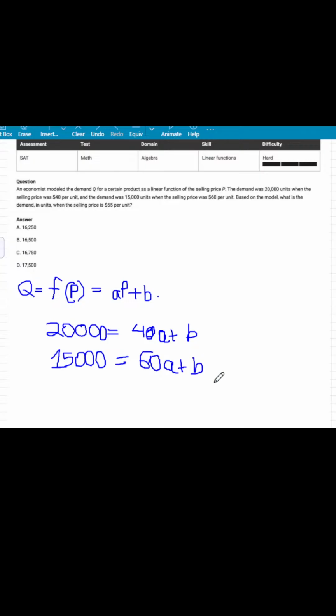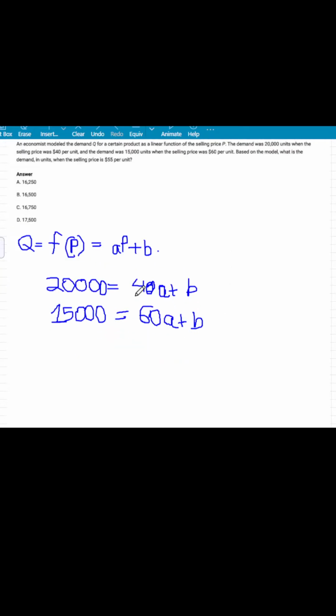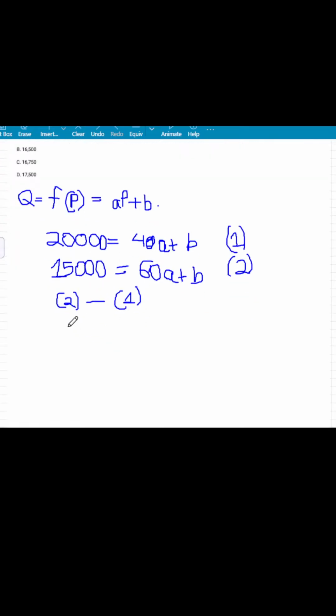So let us try to find out A and B here. We can subtract these equations to get A, so B will be cancelled out. So this is equation 1, this is equation 2. So suppose we subtract equation 1 from 2. So if we do equation 2 minus equation 1, we'll get minus 5,000 is equal to 20A, and B will get cancelled out.